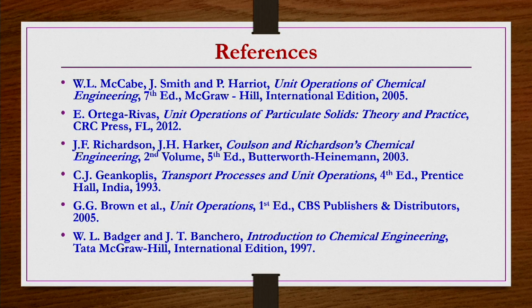However, most of the details have been taken from the first book, McCabe, Smith and Harriott. Some of the images presented in this lecture are taken from the second reference book, Unit Operations of Particulate Solids, Theory and Practice by Ortega-Rivas.